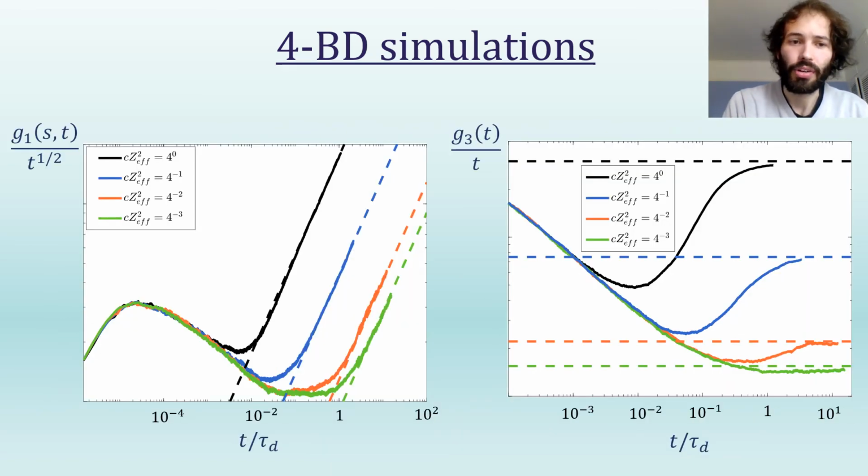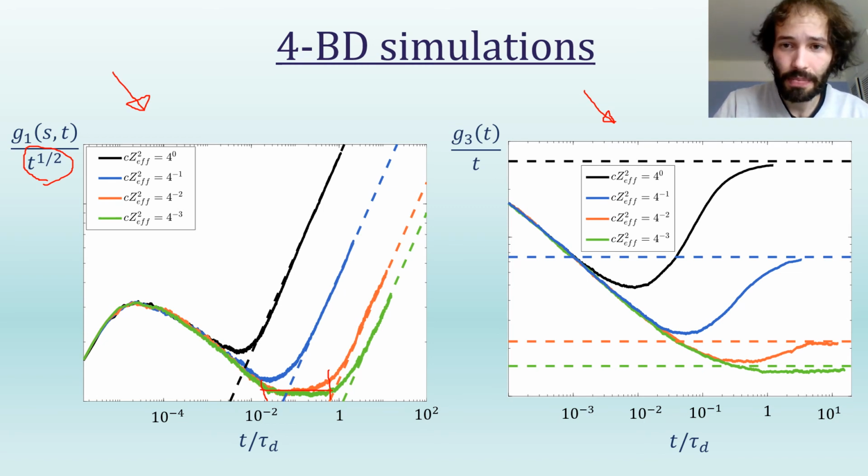As an example of the results we obtained, here I show you the mean square displacement of the central bead and the mean square displacement of the center of mass. In the last panel, we have divided the observable by the square root of the time to show this regime. Okay? And as you can see, if the drift is the main relaxation mechanism, if the drift governs the dynamics, the final diffusive regime can be reached even before the Rouse time.